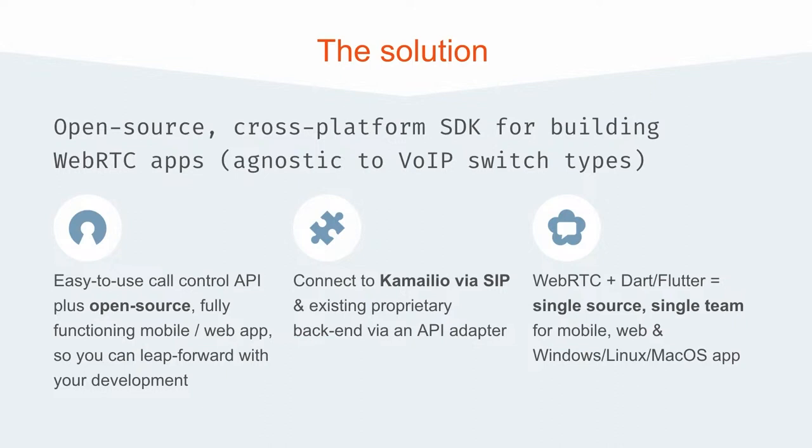And because we use Flutter and Dart, it means the single code will be used on Android and iOS. It will be used with some minor tweaks on Windows and macOS, and it can be compiled into a native web application. So it drastically reduces the size of the development team you're going to have.